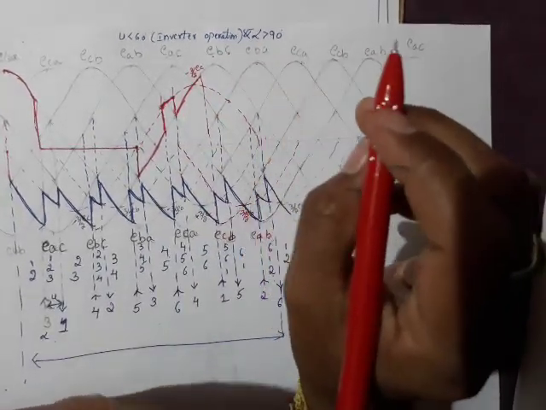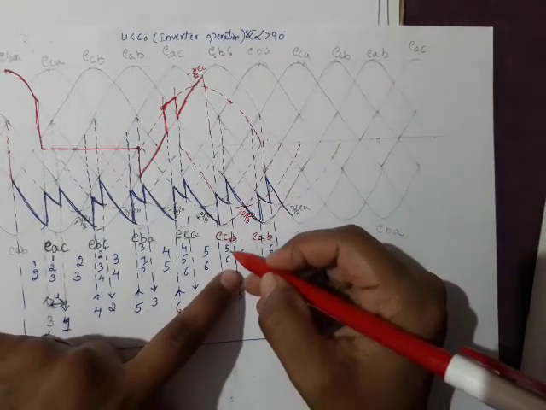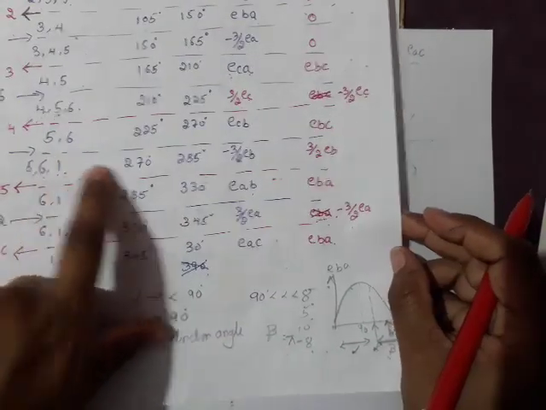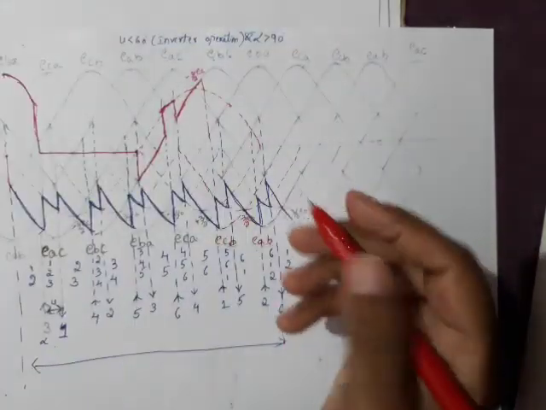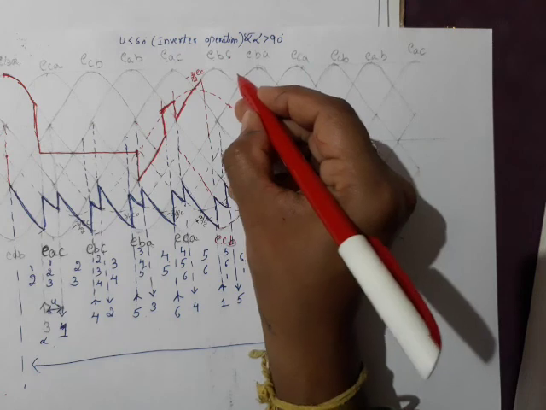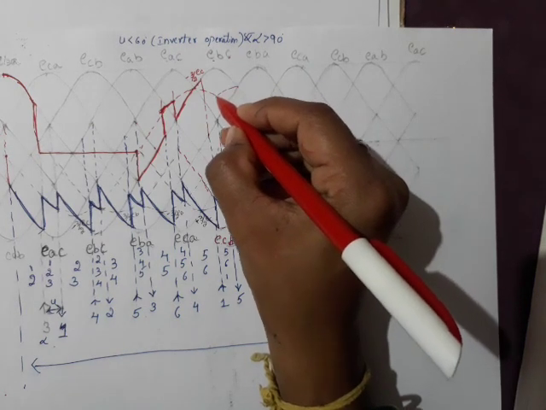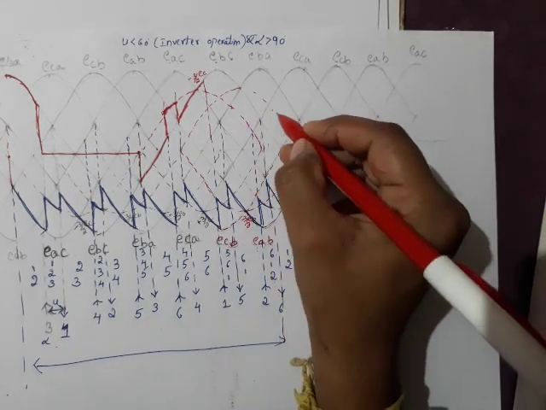So this is a huge variation of dV by dt. We are talking about voltage. Then here valve number 1 comes into conduction. Again 3 valves conduct: 5, 6, 1. When 5, 6, 1 were conducting, the voltage is 3 by 2 times of EB. See, EBC is here, EBA is here. Between these two line voltages, I will get my phase voltage, 3 by 2 times of EB.